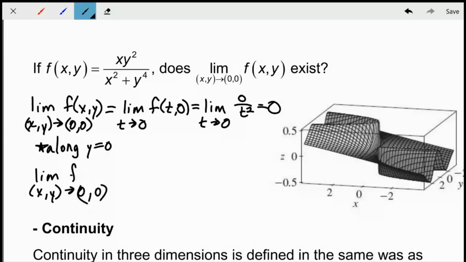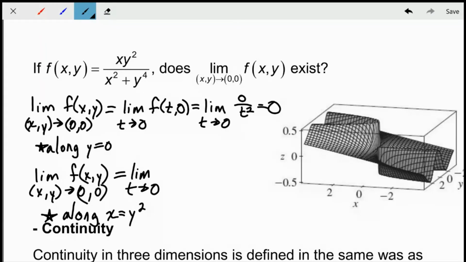of f of xy is equal to the limit as t approaches 0, and the path that I'm going to use is I'm going to go this time along x equals y squared. And the reason I chose x equals y squared, again, is because I want to make a t to the fourth show up in the numerator and the denominator.